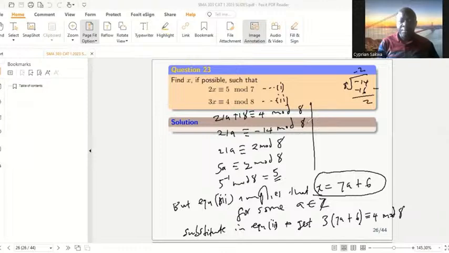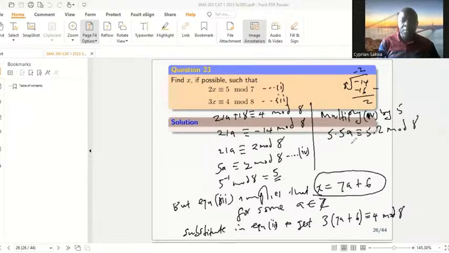So now, multiply this equation by the inverse of 5, which is 5. 5 times 5a is congruent to 5 times 2 mod 8, and this one is 1 times a, and this is 10 mod 8, which is 2 mod 8.